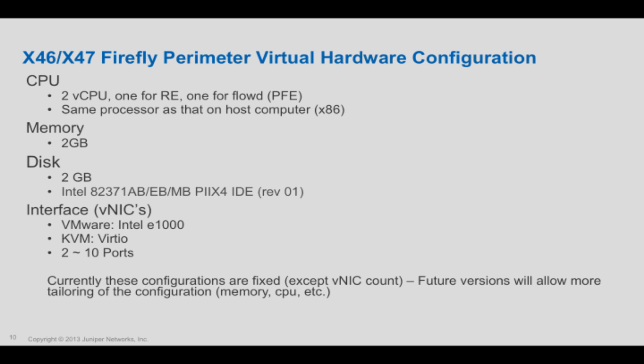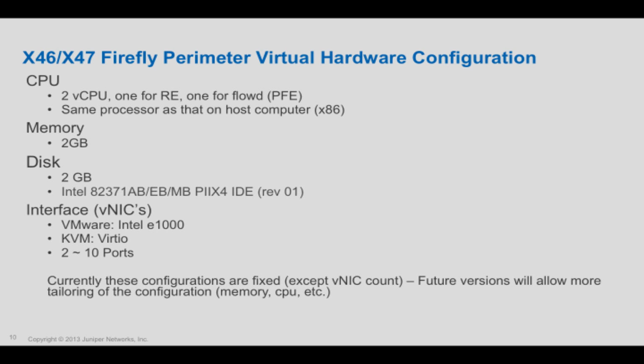The memory is also at 2 gig right now. This is for x86. For x47, we'll be looking to expand this to 3 gig as we add new services. Longer term with that new architecture, this will go much higher, 8 gig, 16 gig, those sorts of things, once we move from the existing operating system that the product is built on.